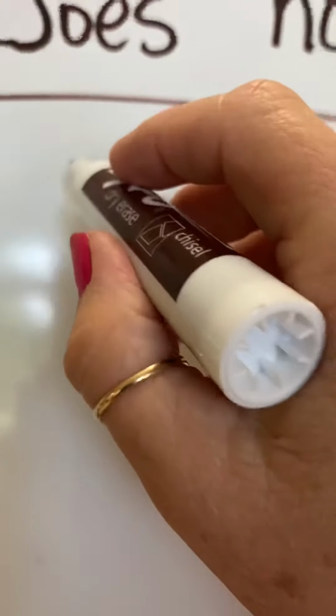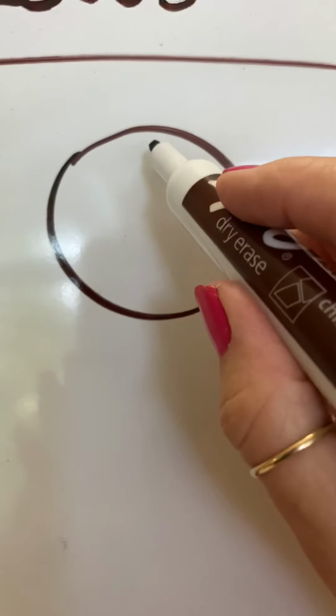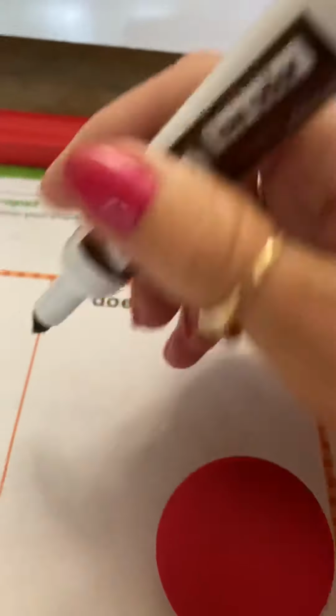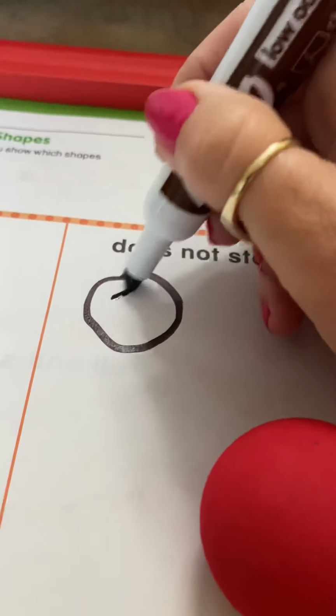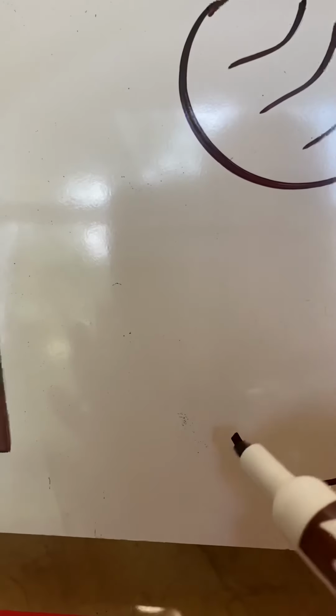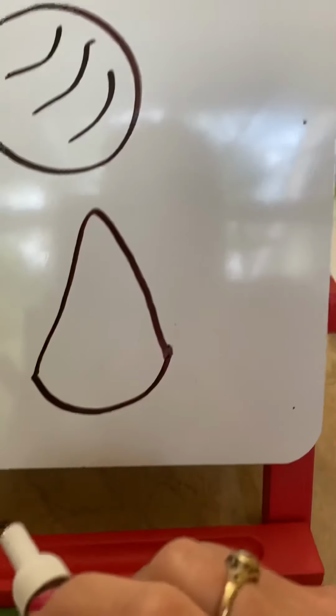Now, does not stack is a sphere, and what you do for that is very simple. Make a circle, and then you just make these little lines inside. And that would make your sphere. Now, a cone, I just show them, is a smile, and then it's just making a triangle.